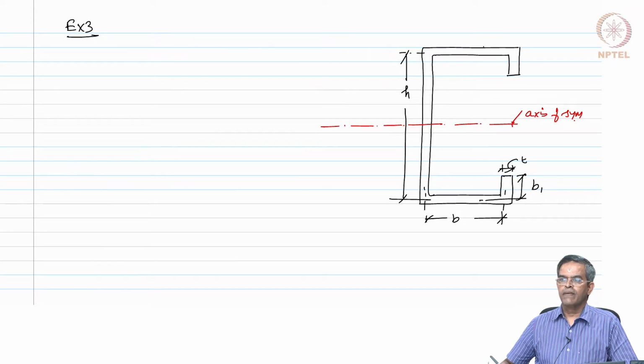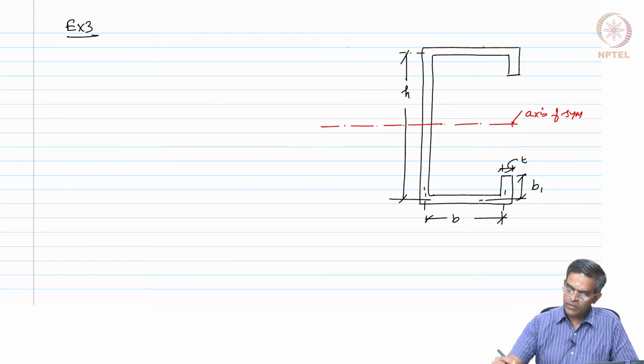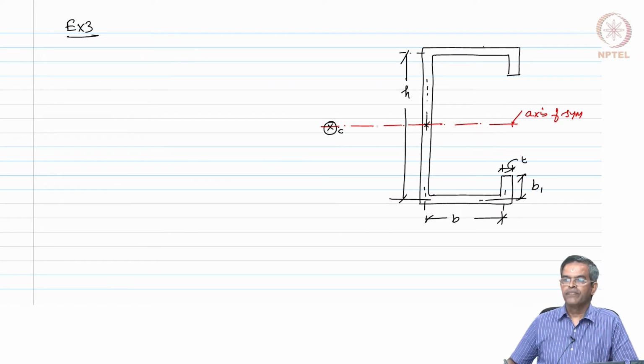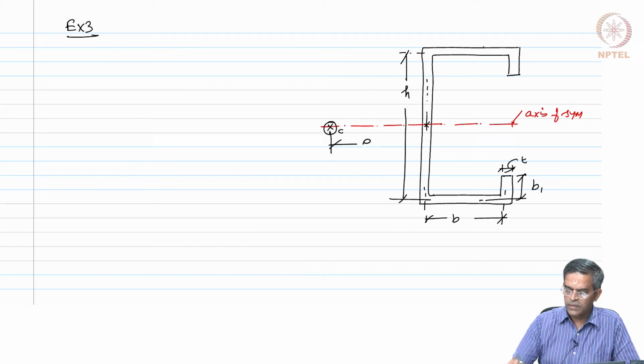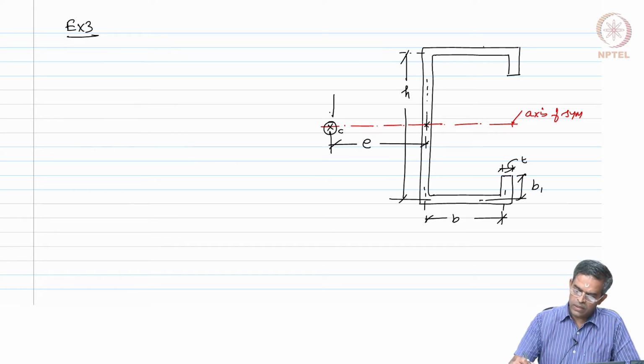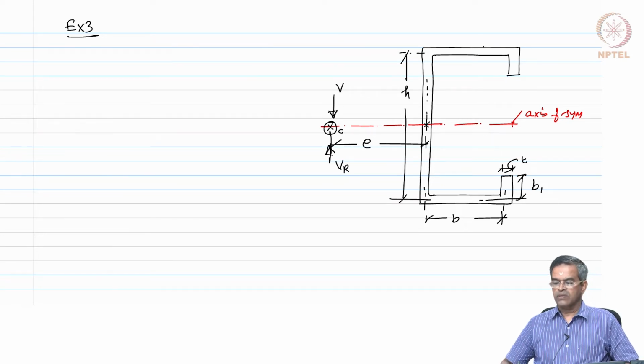Okay. So, from this point let us mark the shear center somewhere here, and we call this offset as E. Okay. So, let us say the V and V are acting here to avoid twisting of the cross section.